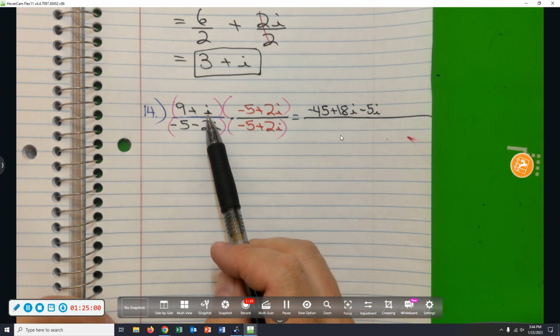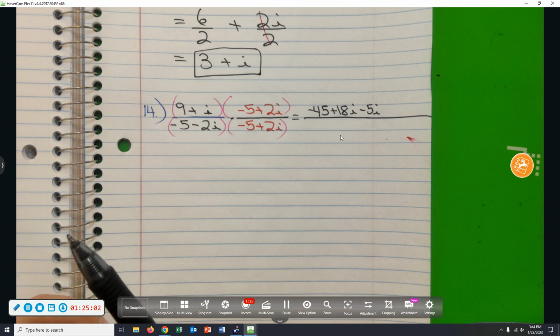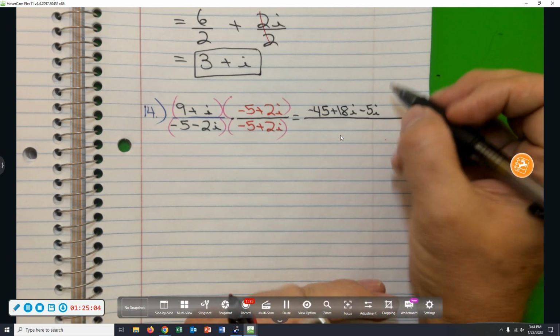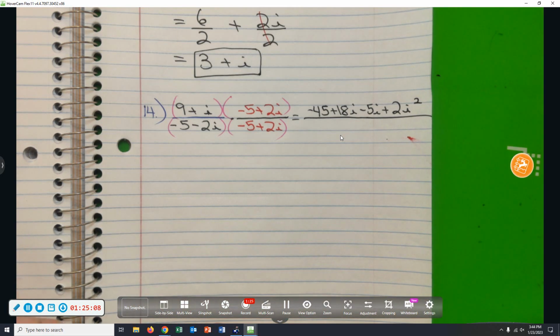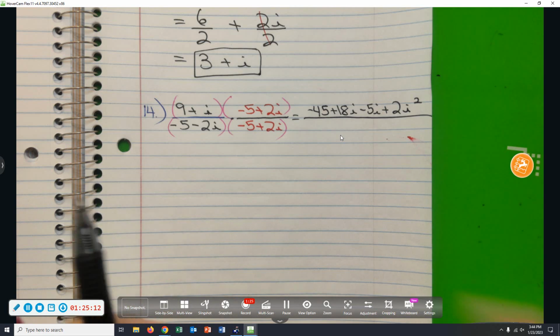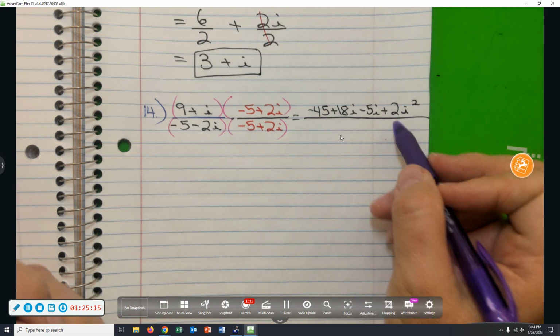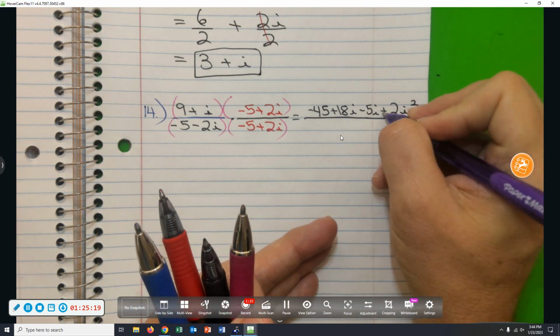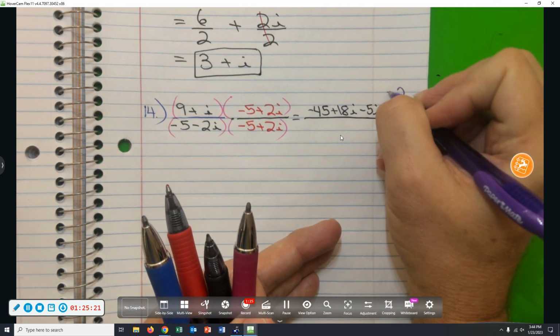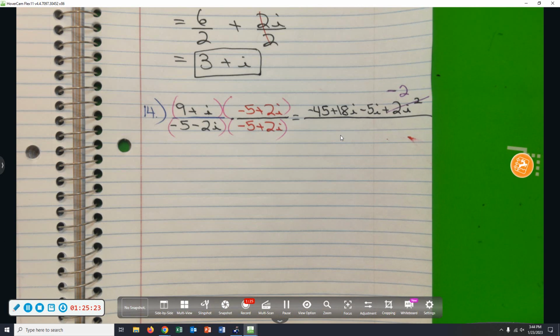Last, positive 1i times a positive 2i, 2i squared. Let's simplify that 2i squared immediately. That's a positive 2 times a negative 1, so that's going to become negative 2 there.